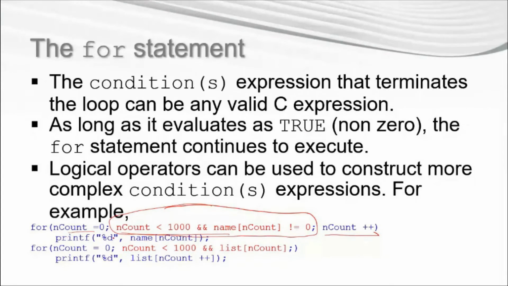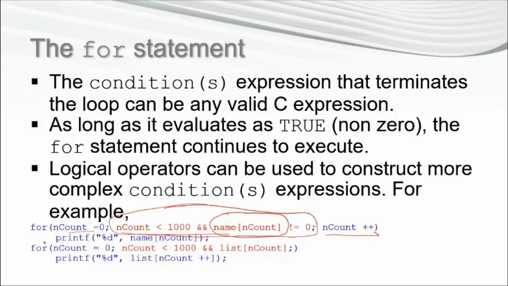That is printf %d name n count, that will be displayed. That is the integer value that is stored inside the array name. So this name n count is actually an array, about which we will study later.